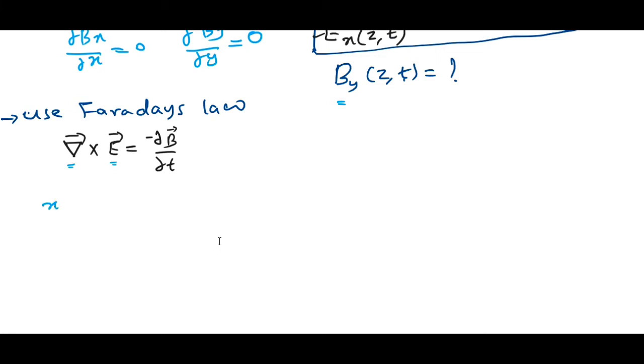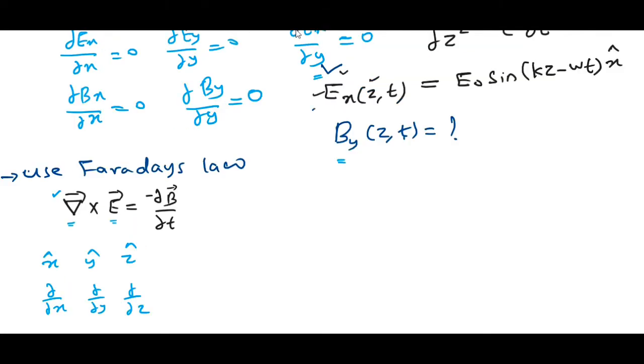We have the determinant in 3 dimensions, that is x cap, y cap, z cap, and the del operator has dou by dou x, dou by dou y, dou by dou z, and we have the electric field component only along the x direction.